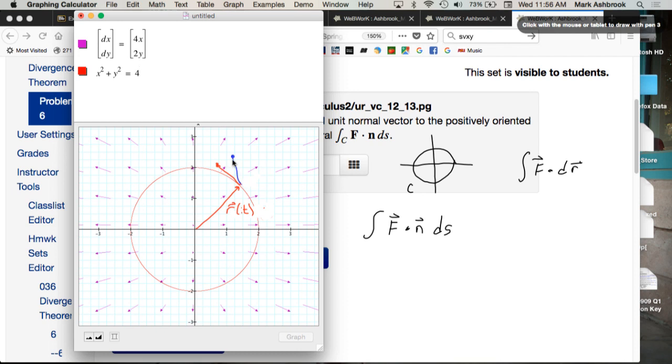So suppose F is like this. What does F dot dr achieve? It gives the value of the vector field as much as the direction of the tangent. It's going to give me the component of F in the direction of dr. F dot dr is going to give me something like that.